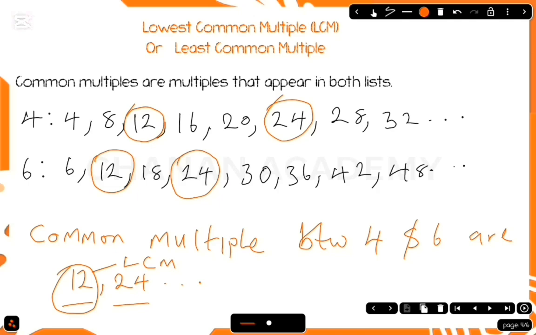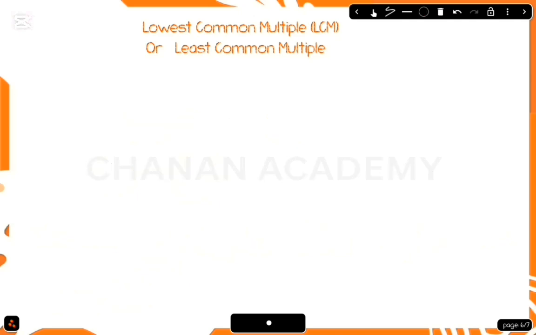Let's take some examples. Example 1: LCM of 3 and 5. How can we find the LCM of 3 and 5? What are the multiples of 3?